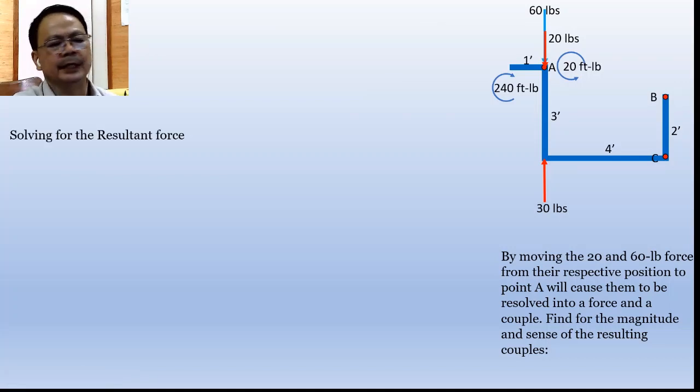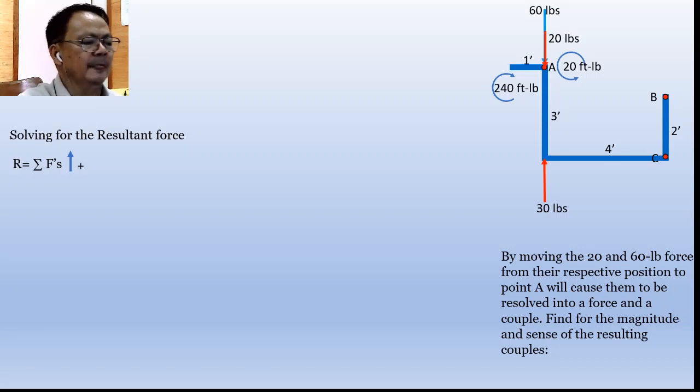So if we will be getting the resultant of the forces, since the resultant is just the summation of the forces, when we take the force directed upward as positive, then we shall have the resultant equal to this one is downward, therefore that is negative. This one is upward, therefore that is positive, and the other one, 60, is downward, therefore that is also negative.